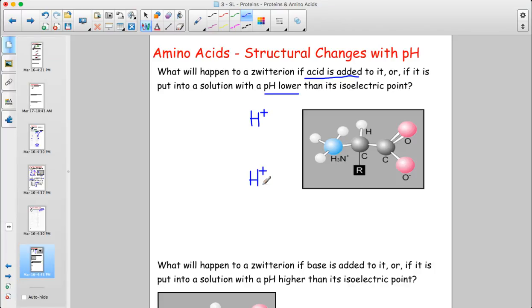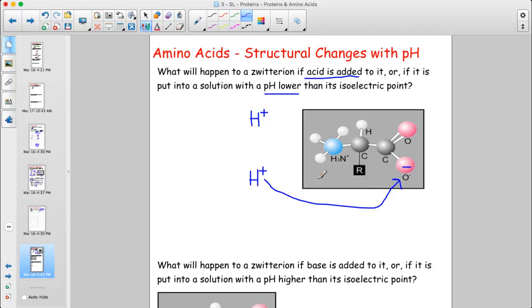Well, one of the fundamental rules of this class is that opposites attract. So if you put an amino acid into a solution with extra protons, with a lower pH, the protons are going to go towards the negative charge, and these two things are going to bond together.